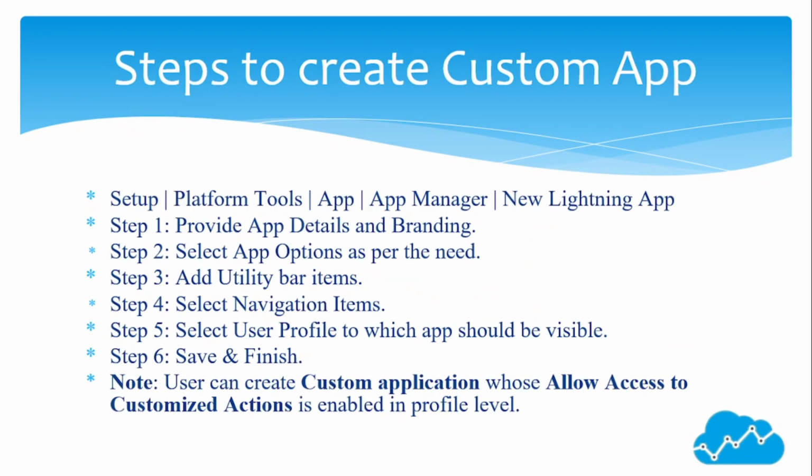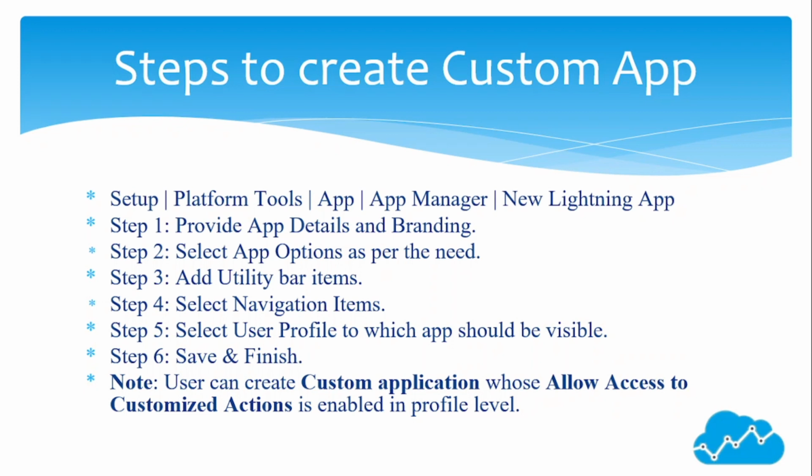So, steps to create a custom app. First, we have to click on the setup gear icon, platform tools, apps, app manager, new lightning app. Then step 1, provide app details and branding logo. Step 2, select app options as per the need.